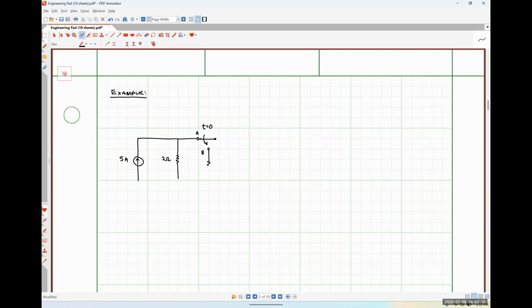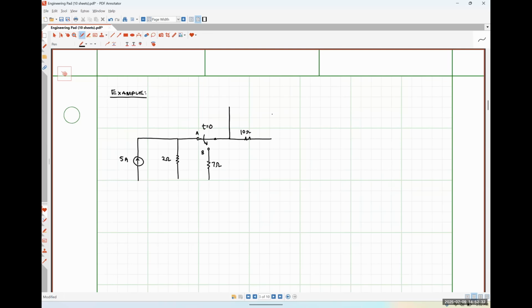Down here, I have a 7 ohm resistor. Across here, I have a 10 ohm resistor.